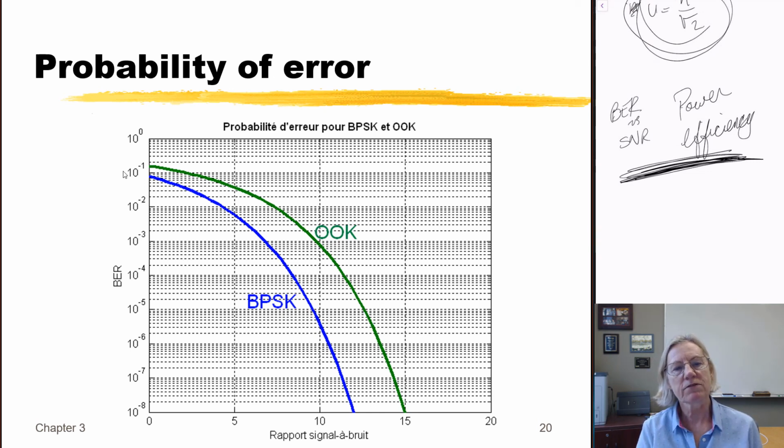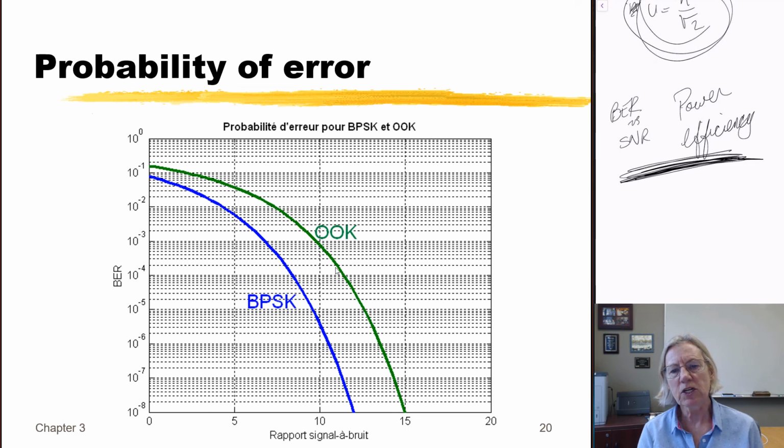So we start off with terrible probability of error when the signal is very weak, and as the signal-to-noise ratio gets higher, we start falling, and that's why we call this a waterfall curve.